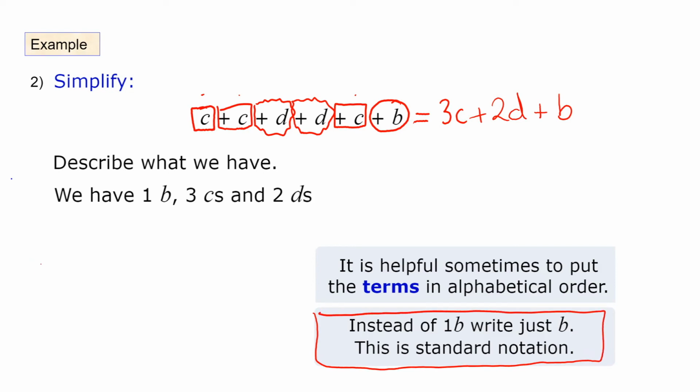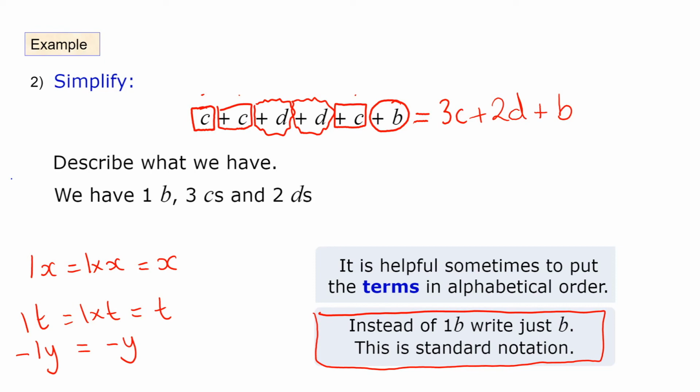So for example, if you have 1x, which means one lot of x, we would just write that as x. Same thing if you had 1t, which means one lot of t, you would just write that as t. And similar if you have a negative, you have minus 1 y, you might see that as just minus y.